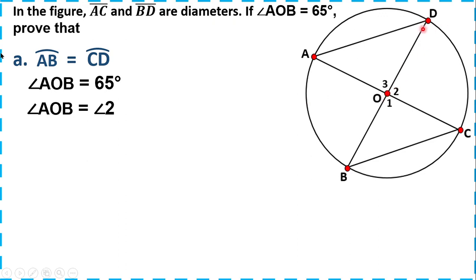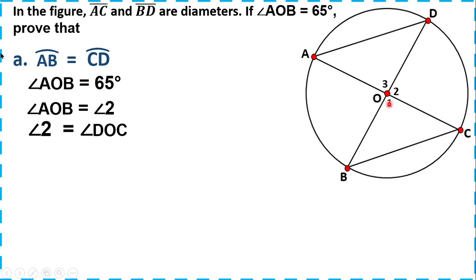Why equal to angle 2? Because they are vertical angles. Angle AOB and angle 2, or angle DOC, form vertical angles. Angle 2 is also equal to angle DOC; they are the same angle.